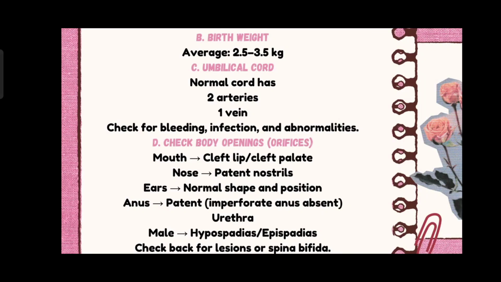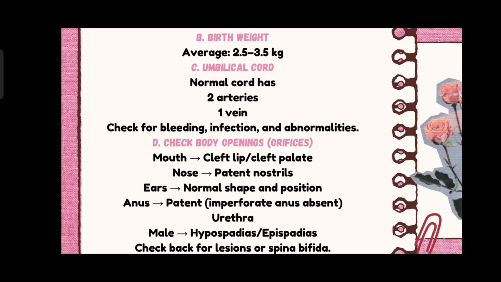Then the fourth one is orifices. That means we have to check all the body openings. The first one is the mouth. We have to check the mouth for cleft lip or cleft palate. Then nose, we have to make sure that patent nostrils are present. Then for ears, we have to make sure that both ears are in normal shape and in normal position.